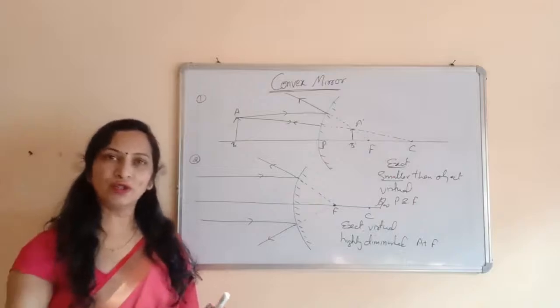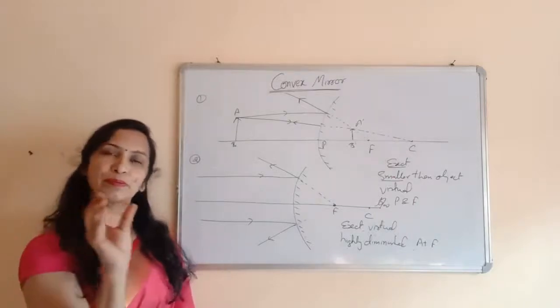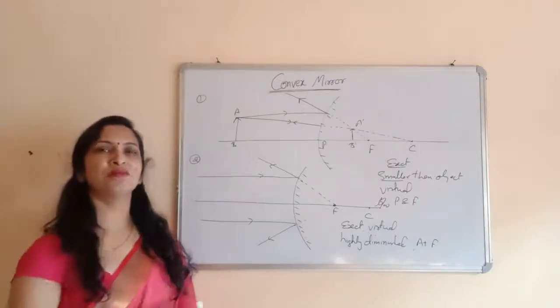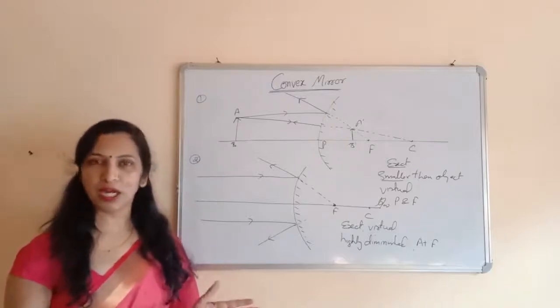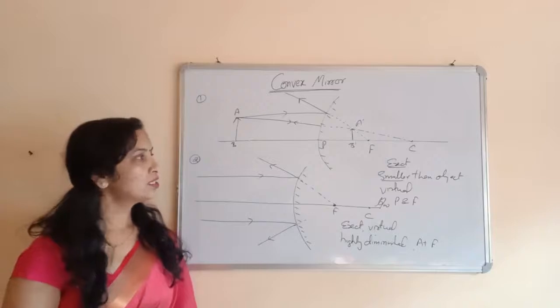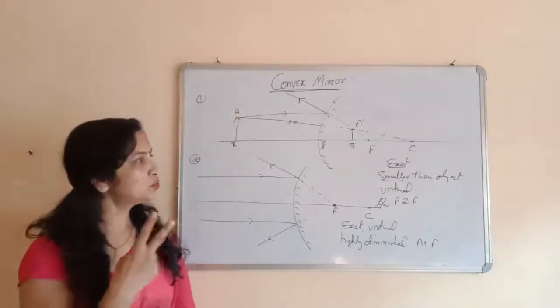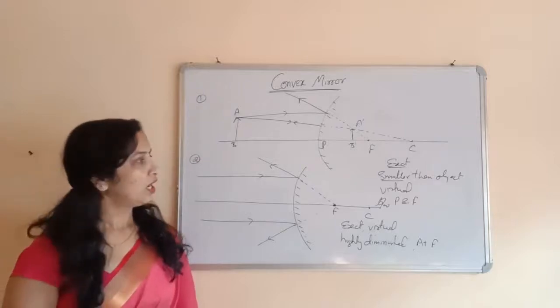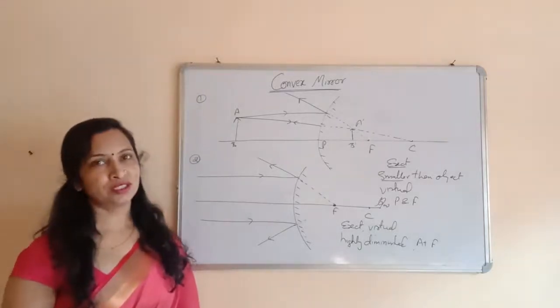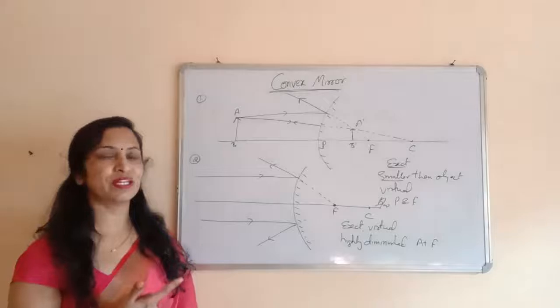Now think, when the image becomes smaller, in a small mirror you can see a very large view. So you are able to see the large view behind you, and it forms an erect image. So these are the two reasons that we use the convex mirror as a rear view mirror. This is an important question.